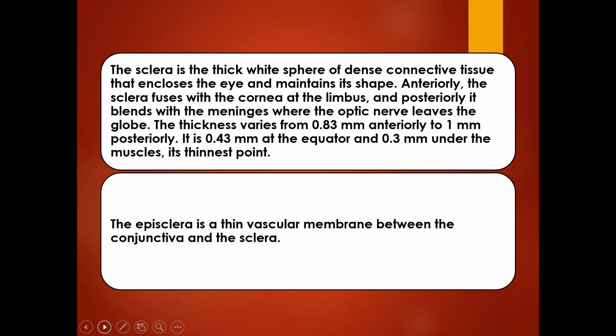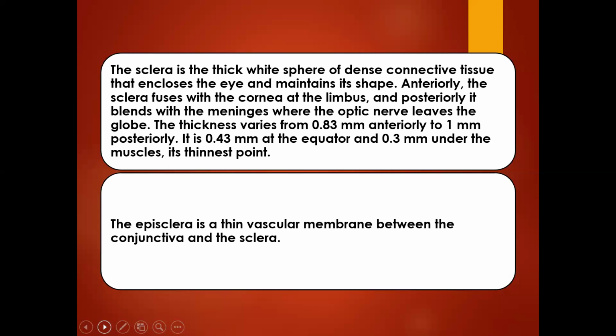You recall that in the previous sections, we discussed this part of the eye, and I told you that the sclera provides attachment for muscles, extraocular muscles. And the sclera also contributes in light refraction through the cornea.